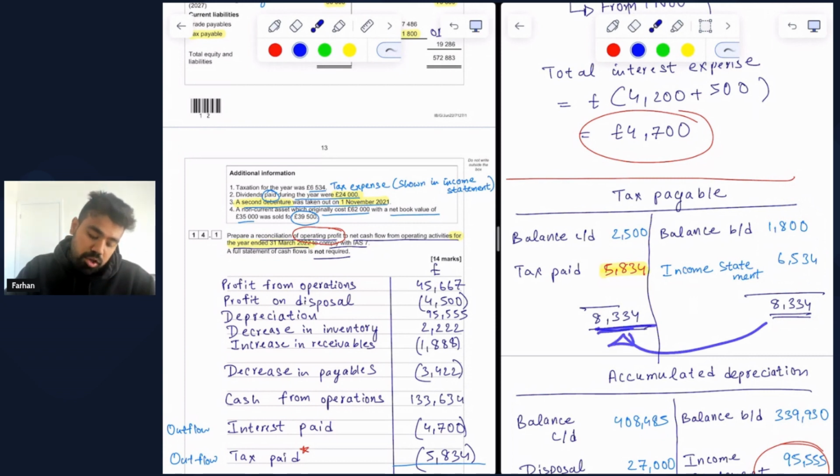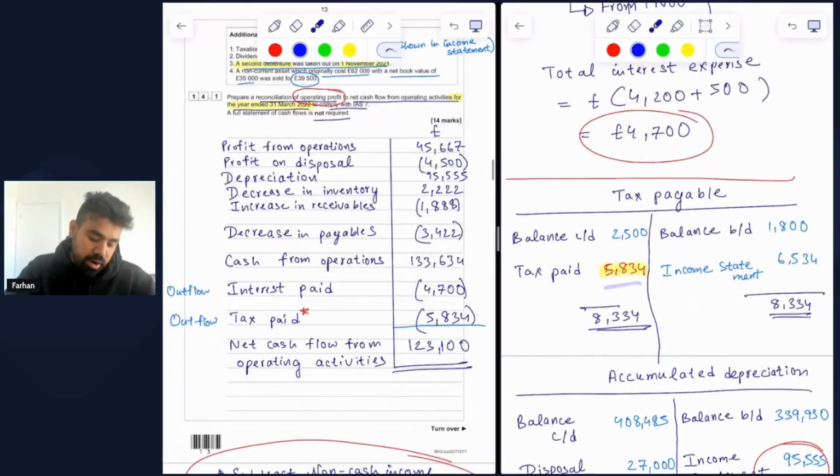From there, you subtract the closing balance that we already know, and the amount you're left with is the amount that you have actually paid in tax using your cash. So £5,834 is what we have paid in tax using our cash, and that is what is going here. Again, logically speaking, this is negative because it refers to an outflow.